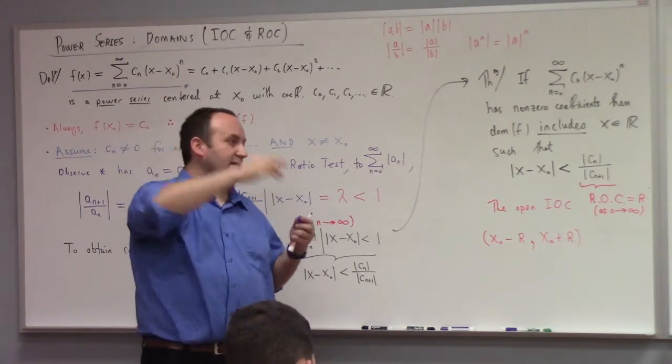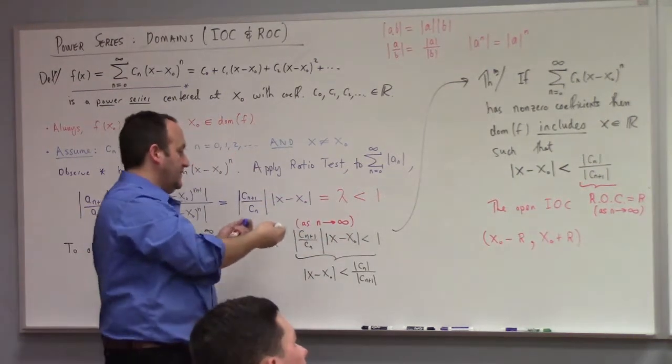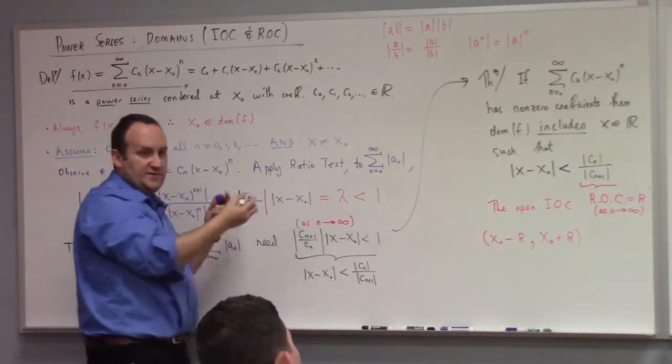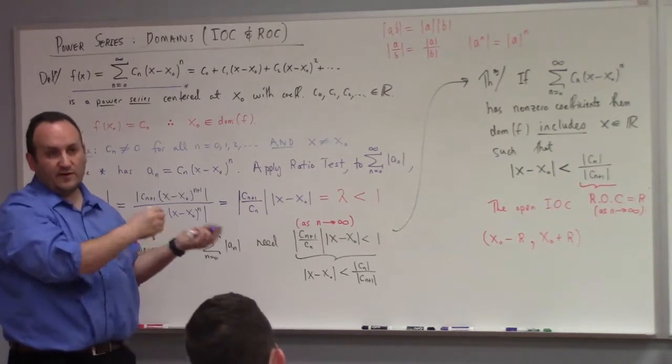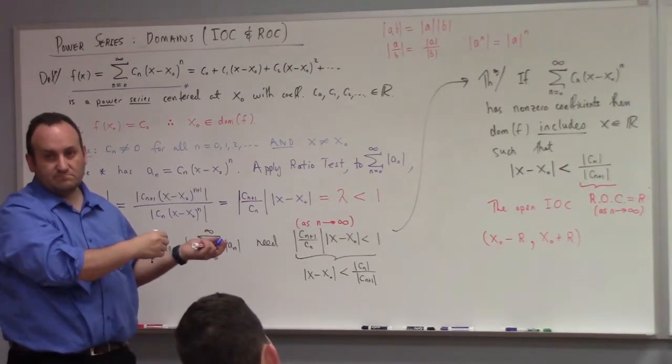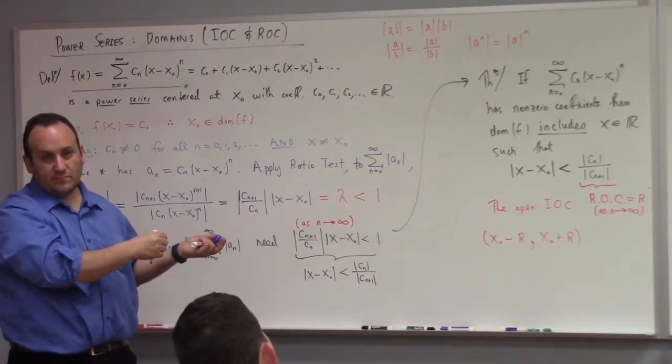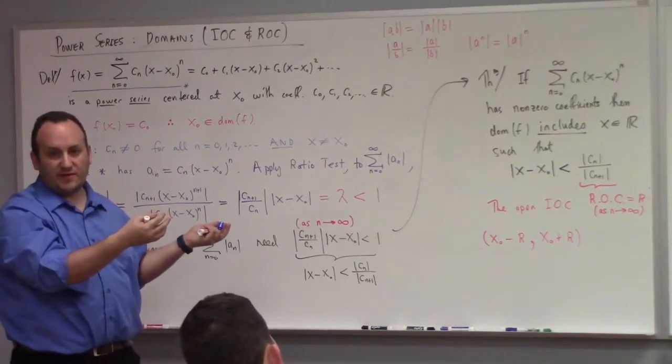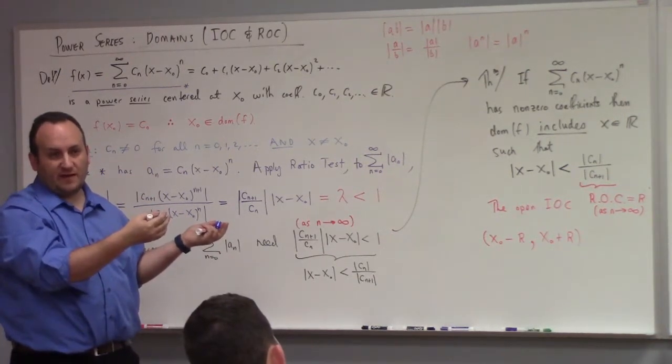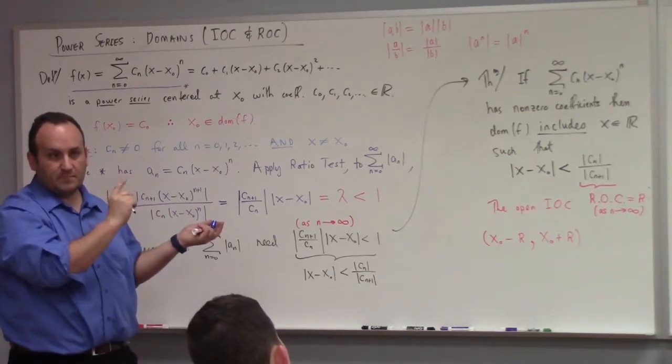There are two cases to think about in this discussion. Either Cn plus 1 over Cn goes to 0, or it goes to something non-zero. The other possibility, of course, is that it blows up. That was our first example, I think, with n factorial being Cn.